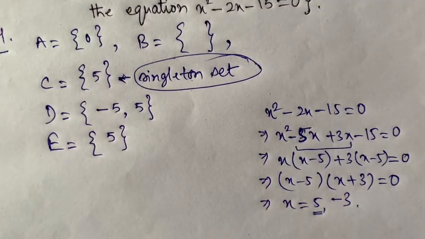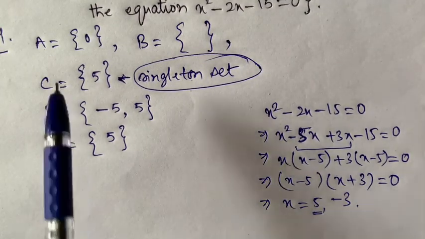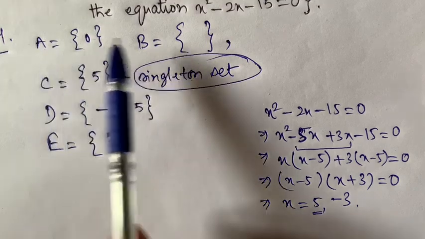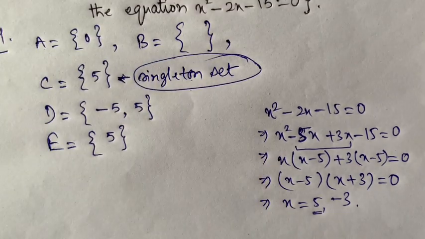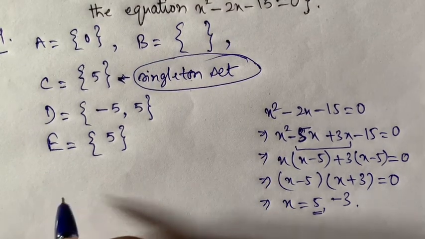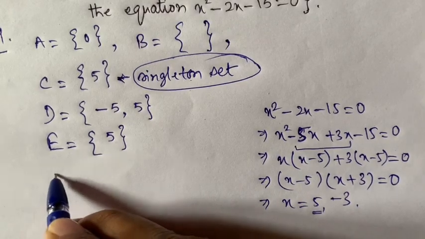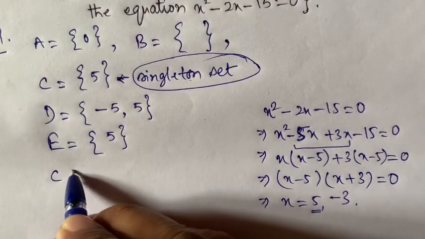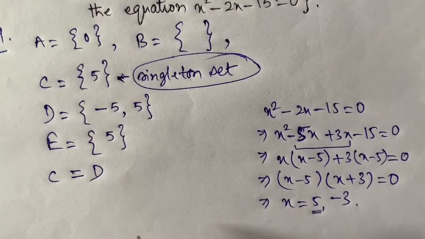Now when we consider all these 5 sets A, B, C, D and E, we will easily decide that only pair C and E are equal.